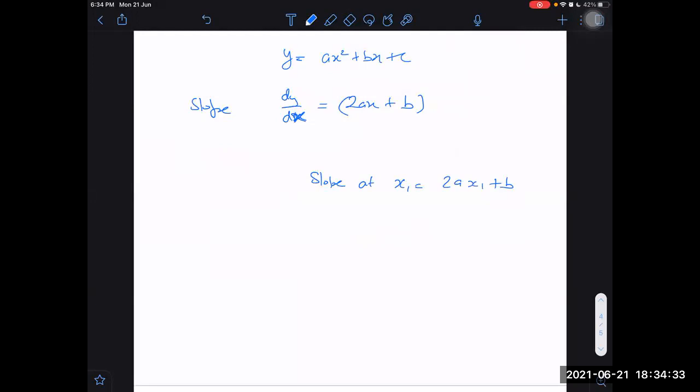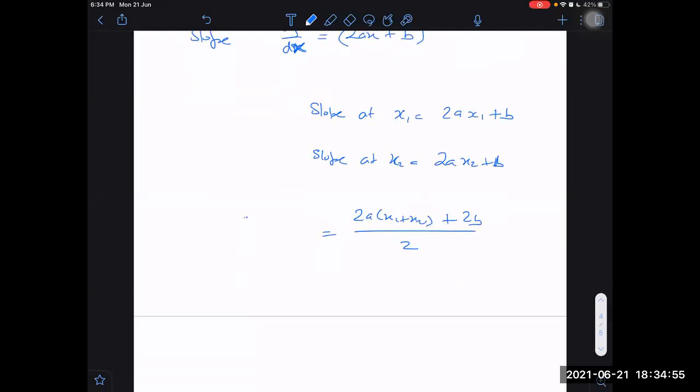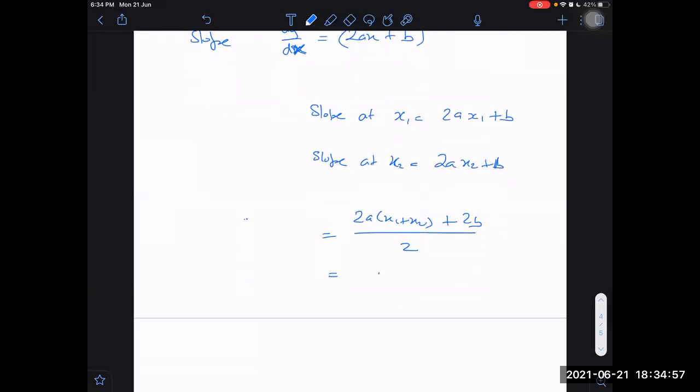What is the slope at x2? 2a x2 plus b. What is the average slope? Average slope is coming out to be slope at x1 plus slope at x2 divided by 2. If I find it out, what is it? a of x1 plus x2 plus b. a into x1 plus x2 plus b. Yes, sir.